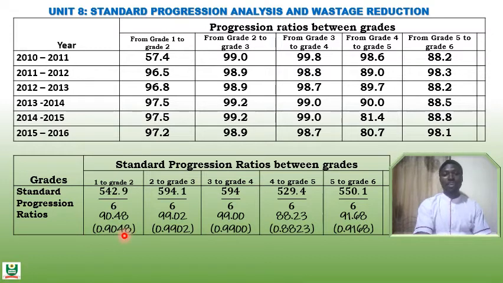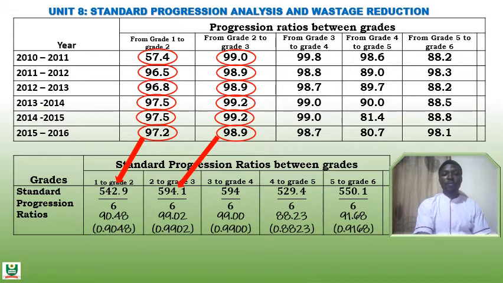So you can try that for grade 2 to grade 3: 99.0 plus 98.9 plus 98.9 plus 99.2 plus 99.2 plus 98.9, and we're going to have 594.1, and when we divide it by 6, we're going to have 99.02, and in decimal, remember, divided by 100, we're going to have 0.9902.